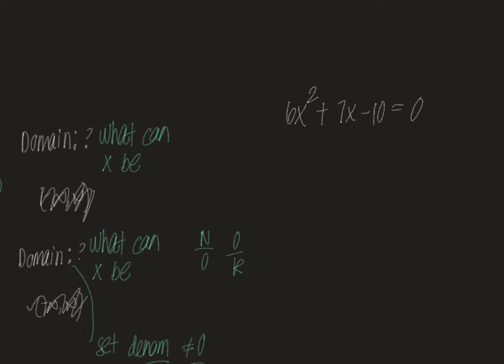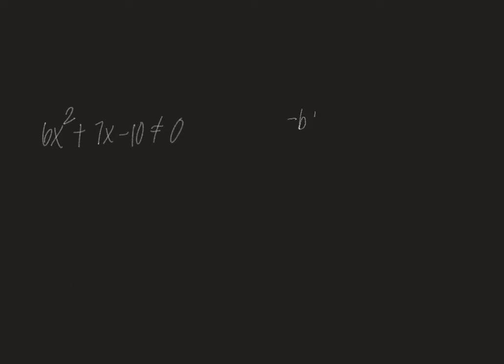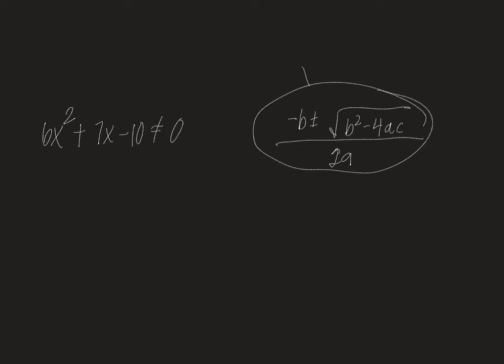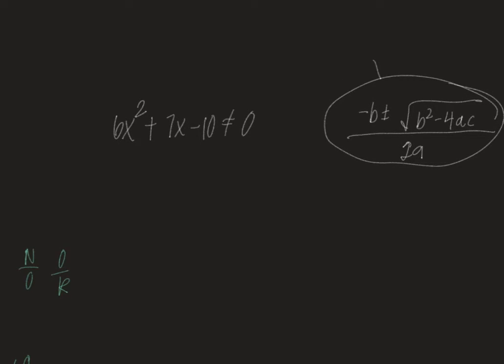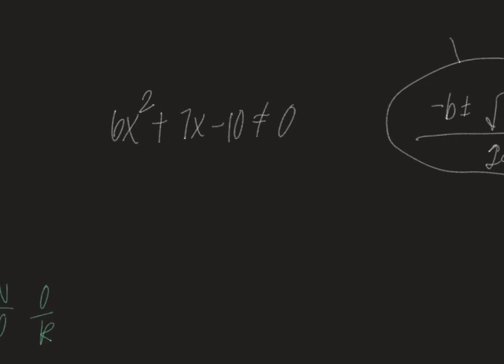And to solve a quadratic, you can try to factor, or you could use the quadratic formula. The quadratic formula is opposite b plus or minus the square root of b squared minus 4ac all over 2a. You can use that formula, but technically we don't know that formula yet. We're going to learn that in a different unit. I'm going to use the factoring method.